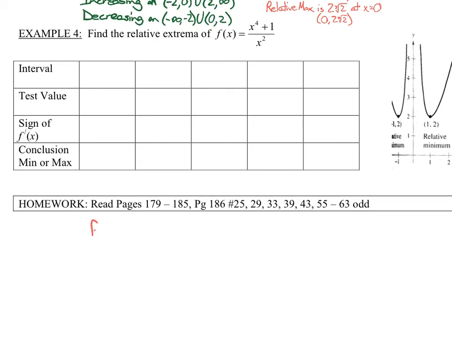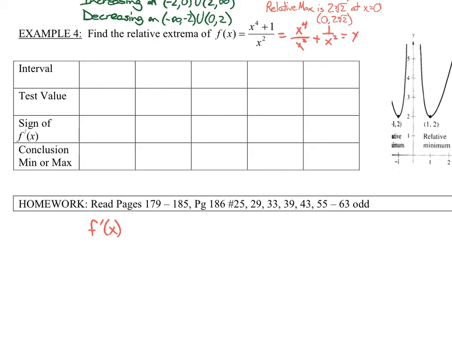So I'm taking f prime of x, and how am I going to do this? We can use the quotient rule, or bring it to the top and use the product rule with x to the 4th plus 1 times x to the -2. Or you could break it up into x to the 4th over x squared plus 1 over x squared.